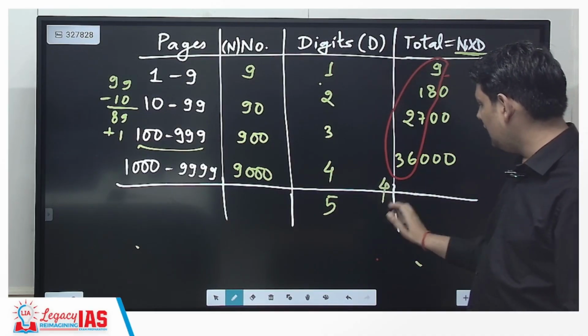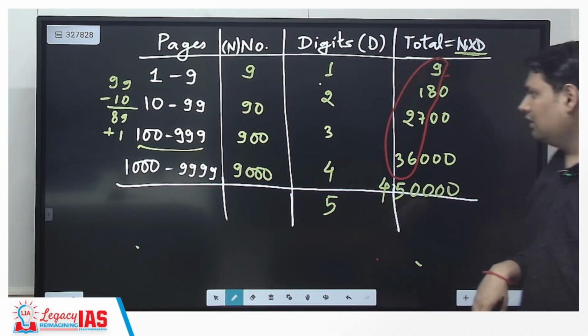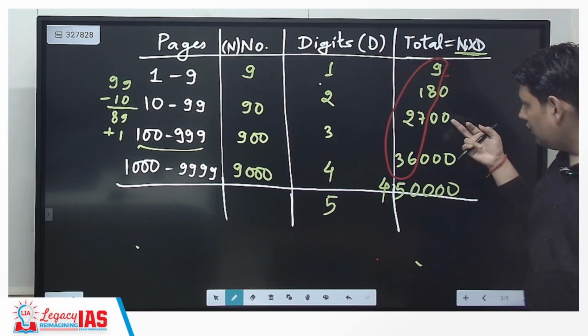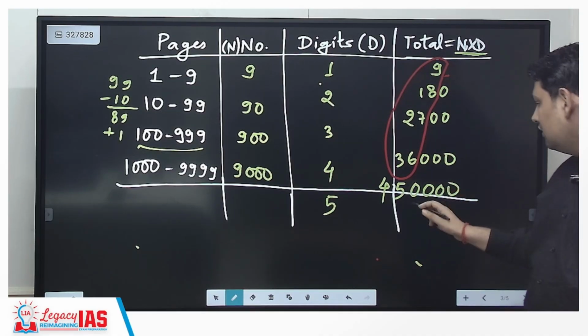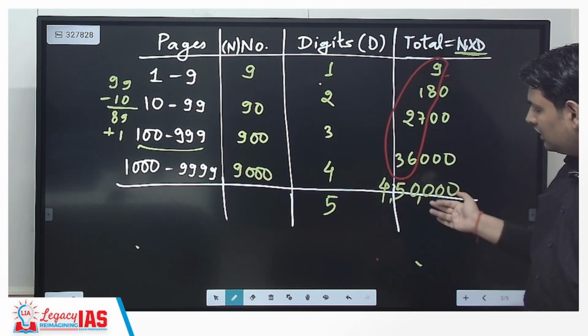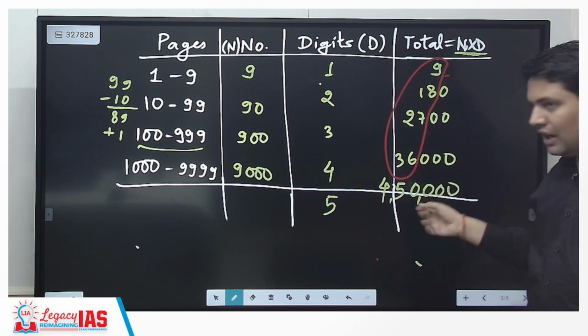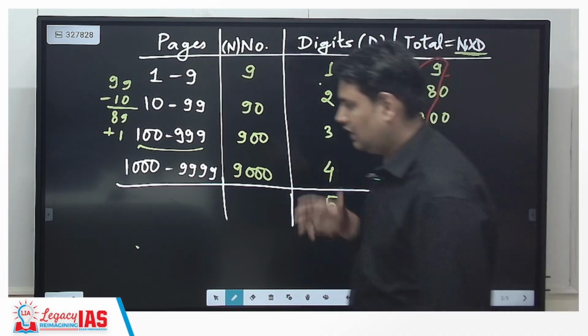You will get something like 45. Correct? From 2700 you went to 36,000. From 36,000 you will go to 4,50,000. You will just keep on writing like this and add 0s. So this is easier to get.